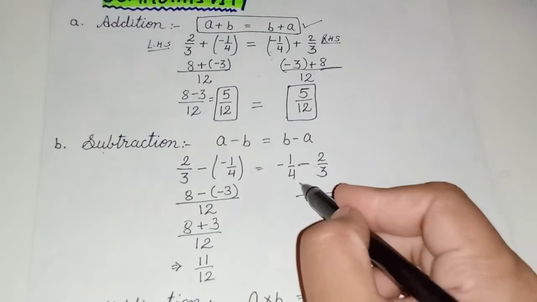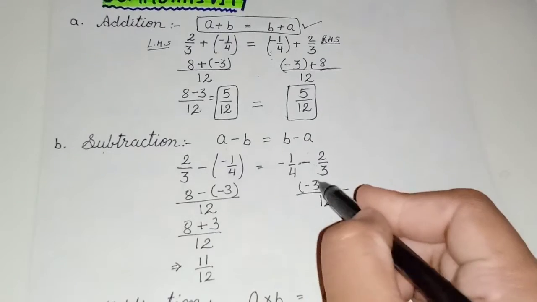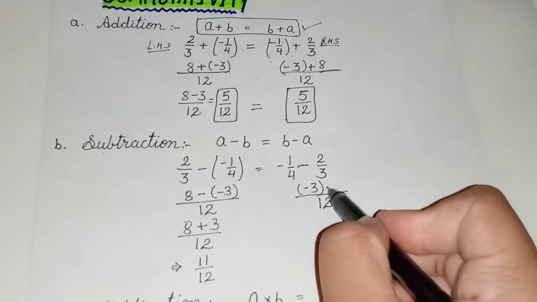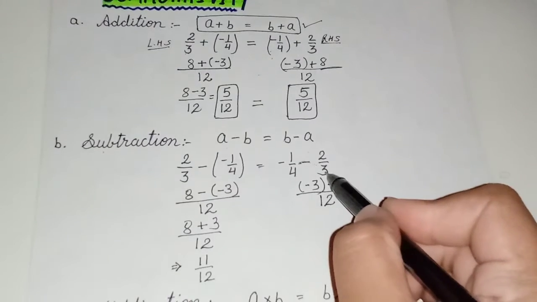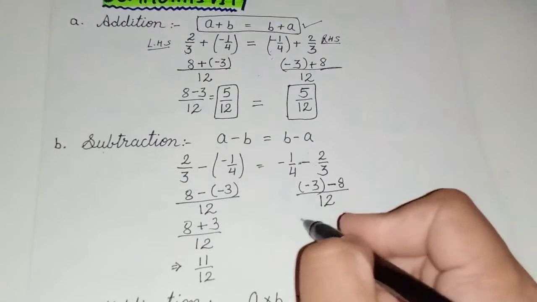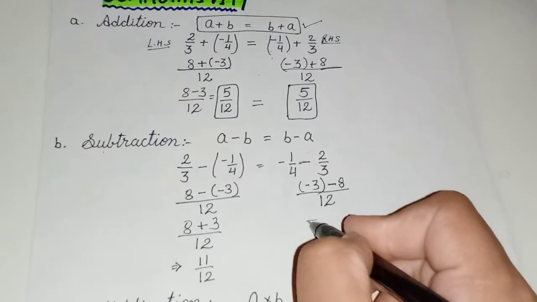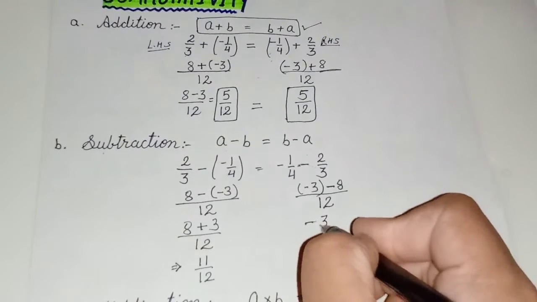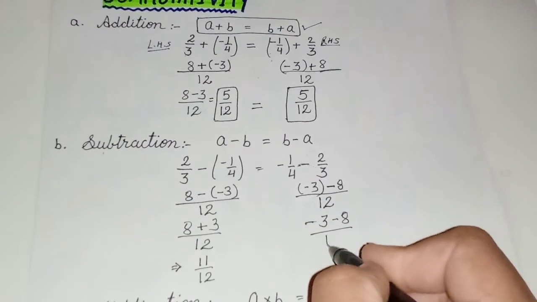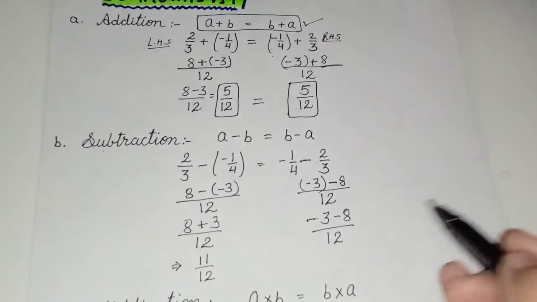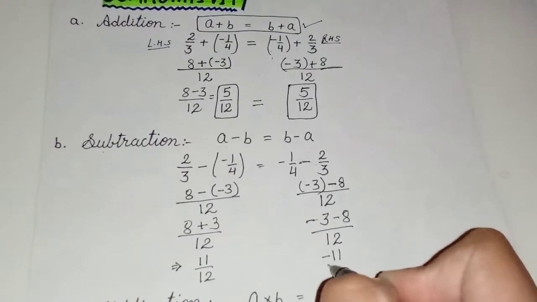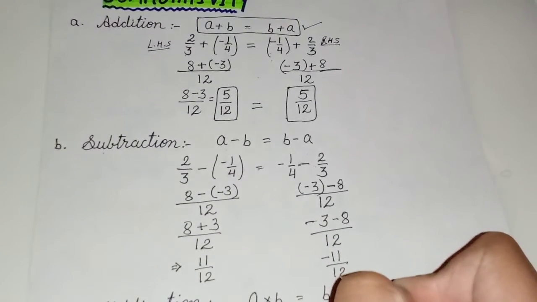So minus 1 into 3 we get minus 3 minus, this needs to be multiplied with 4. So 4 2s are 8. So here we got minus 3 minus 8 by 12. Minus 3 minus 8 is minus 11 upon 12.